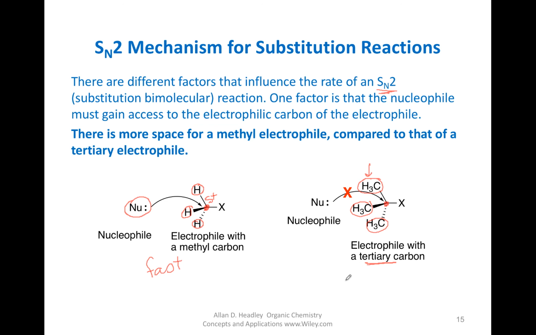So therefore this is a very, very slow reaction. As a matter of fact, it's considered not to react by the SN2 mechanism because the nucleophile just cannot get access to this carbon in a tertiary electrophile.